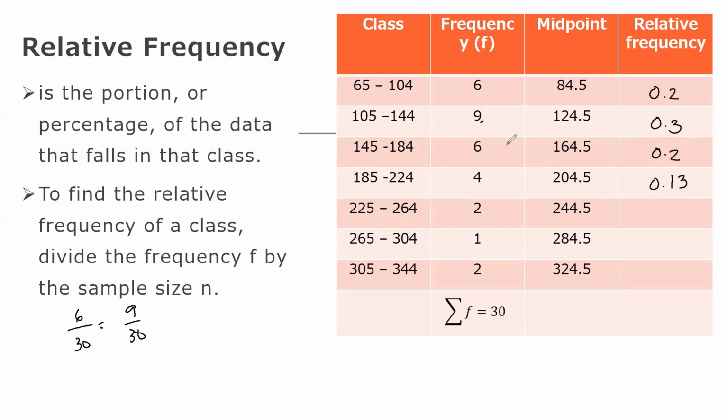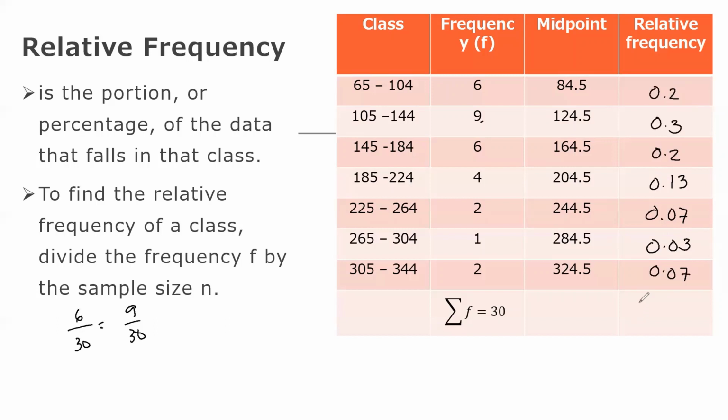Next, we have 2 divided by 30. So this is 0.07. Next, 1 divided by 30, we have 0.03. And 2 divided by 30, this is 0.07.